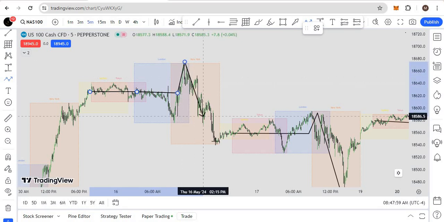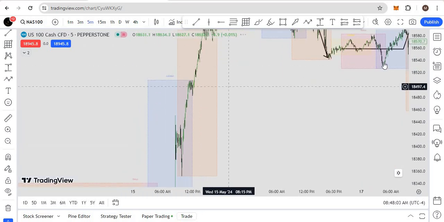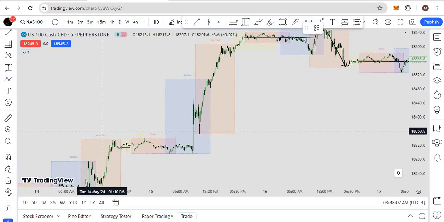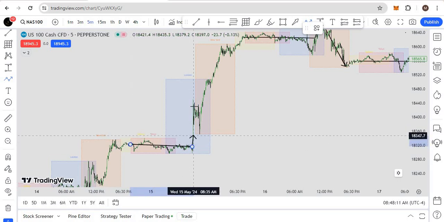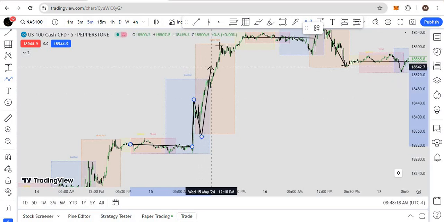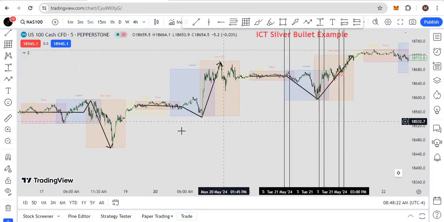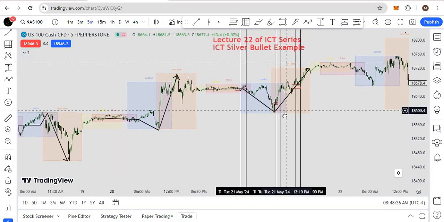At the London Open and the New York Open, the market goes for manipulation and then distribution. Every day you will see this type of price action. The market comes near your opening and then goes for distribution. You will see these setups every day. You just have to catch only one setup.